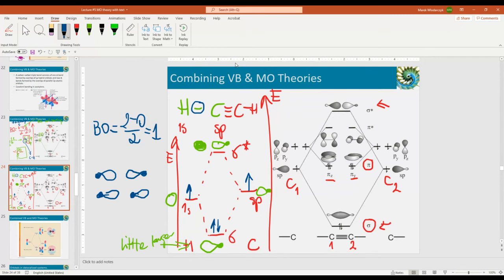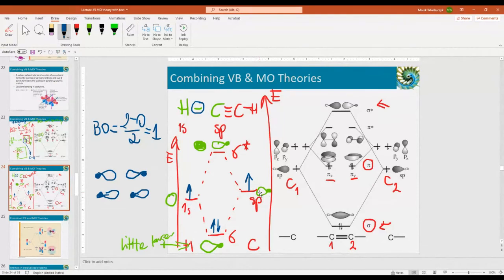The idea is that you show the s orbital and the sp orbital in the right order with the right wave function sign. So for constructive interactions, you have to have the light part here interacting with the light, the white part here.